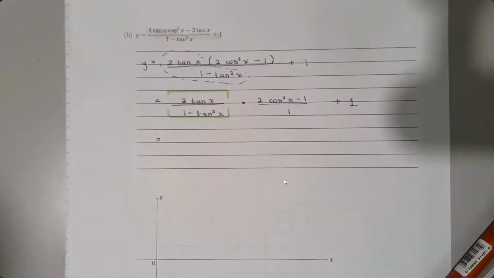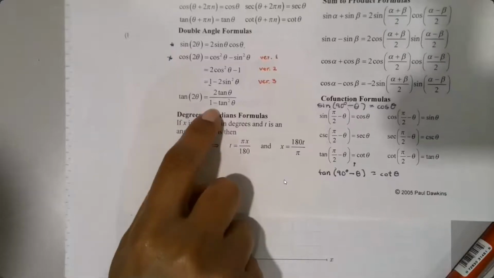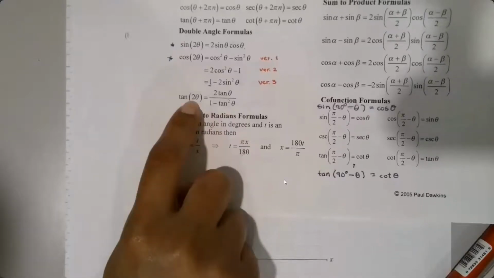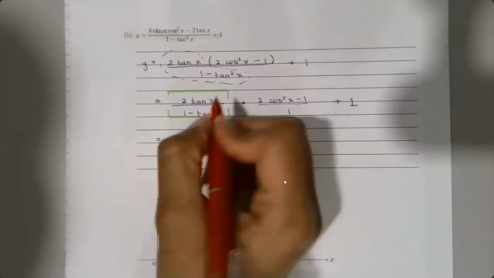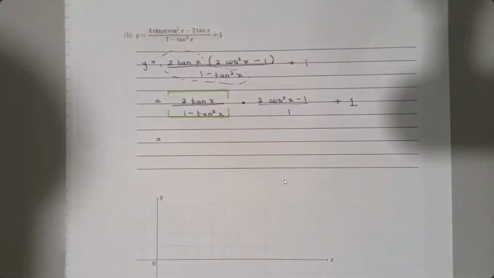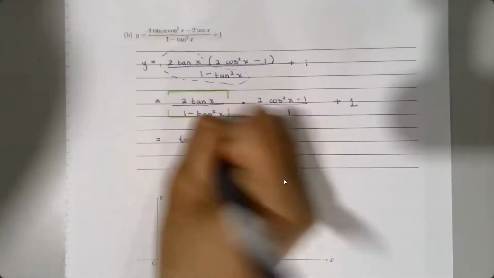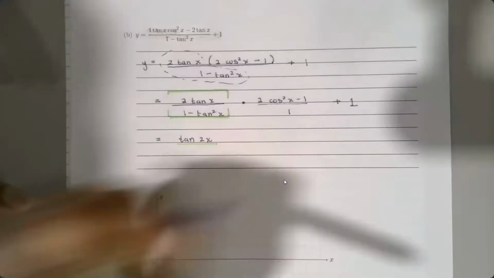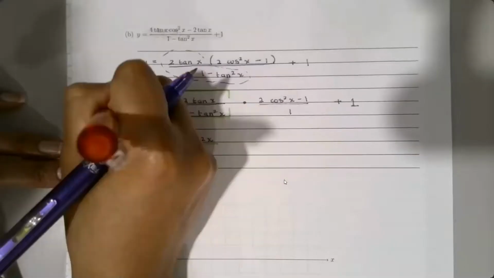Take a look at this last one here. 2 tan theta over 1 minus tangent squared theta is tangent of 2 theta. That's what we're going to apply here. We're going to get that this is tangent of 2x. And then I'll write the reason here. This is by double angle formula.